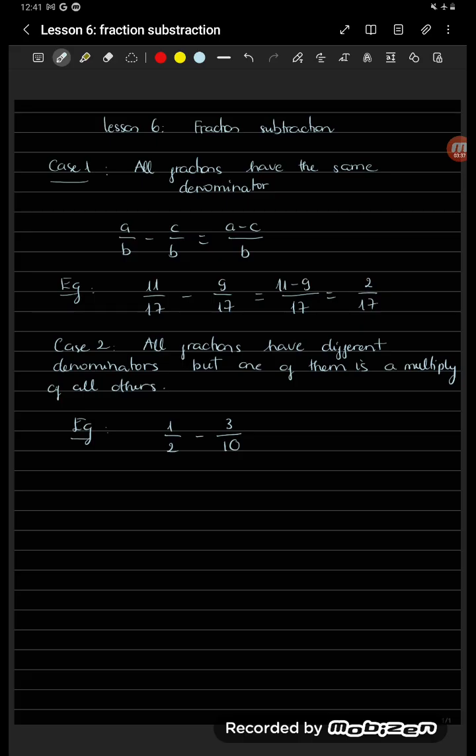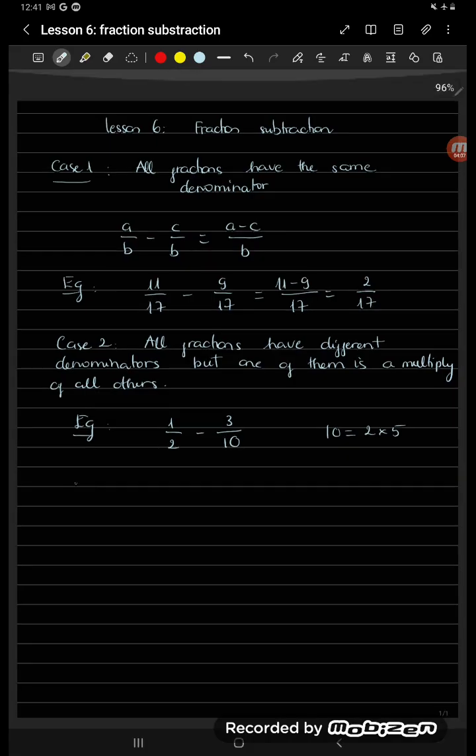In this case, you can see they have different denominators, but one of them is a multiple of the other. 10 is a multiple of 2, because 10 equals 2 times 5. Similar to fraction addition, the least common denominator is the greatest denominator, which is 10.